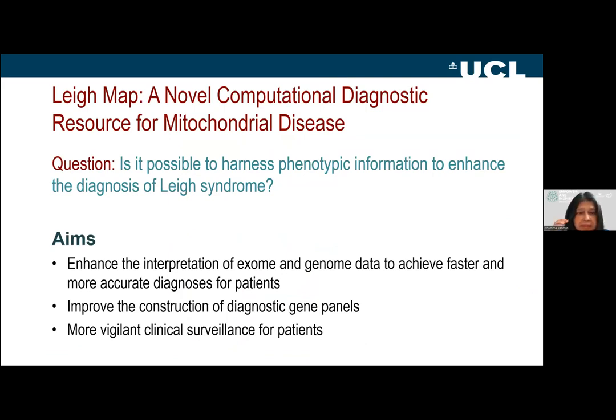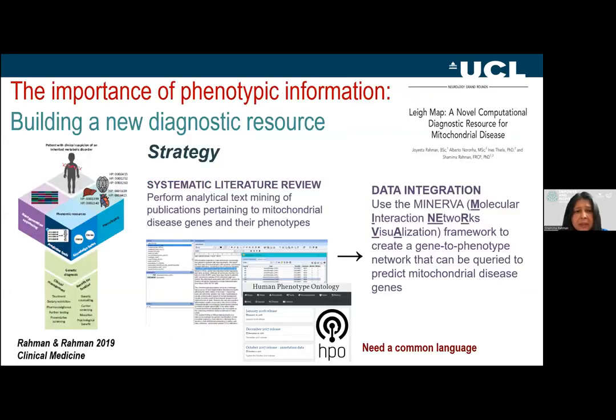And the question we were asking was, is it possible to harness the phenotypic information from affected patients to enhance the diagnosis? And this would be a tool to be used alongside next generation sequencing, not instead of. And so we did a systematic literature review initially of 1,000 papers in the literature, but eventually for all of the disease genes for mitochondrial disease up to 3,000 papers. And we needed a common language.